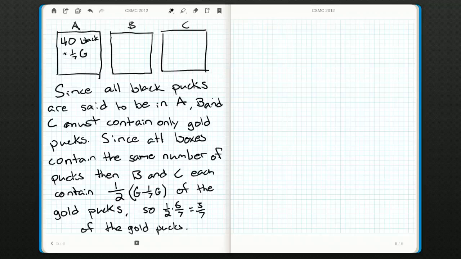Actually, let's make it a lowercase g because otherwise it's going to start looking like 6s because I am a terrible writer.